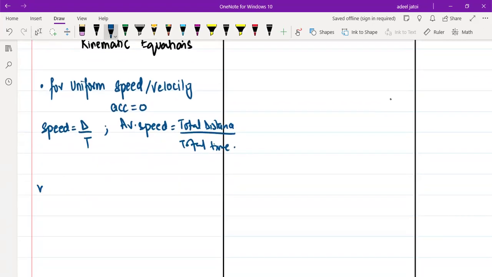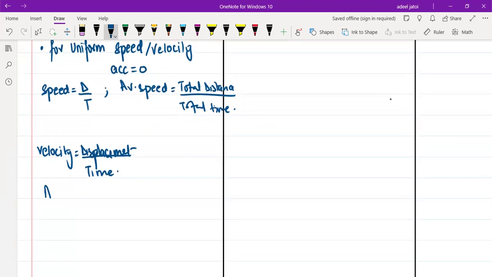Similarly, velocity is displacement upon time, and average velocity is total displacement upon total time.